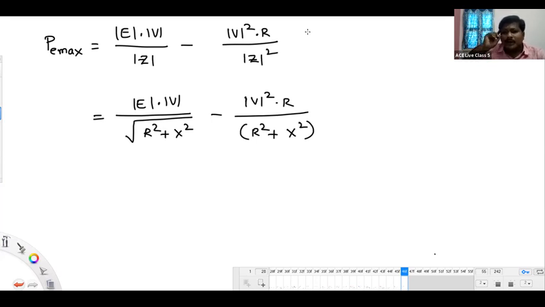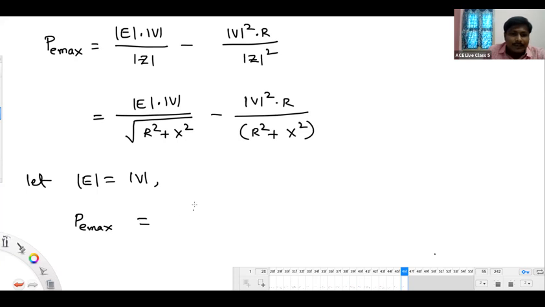One small assumption I want to make now. I want to make this mod E value equal to mod V. Like that we adjusted the excitation. Mod E value equals mod V. Then what is the PE maximum value?